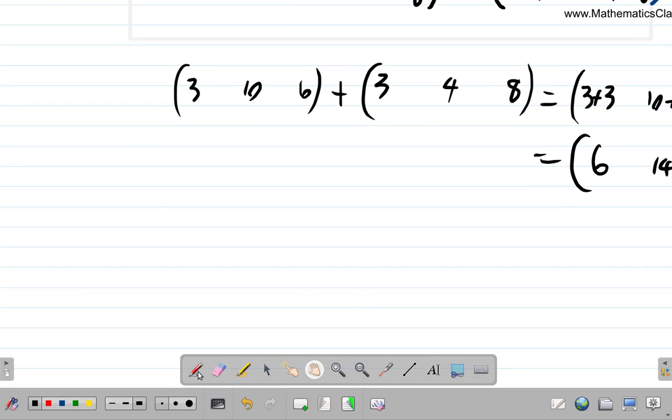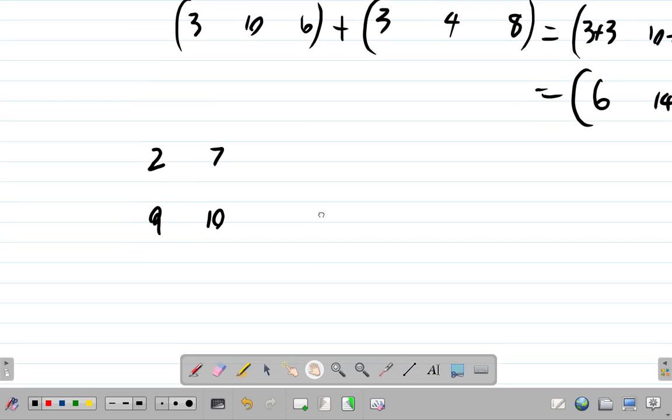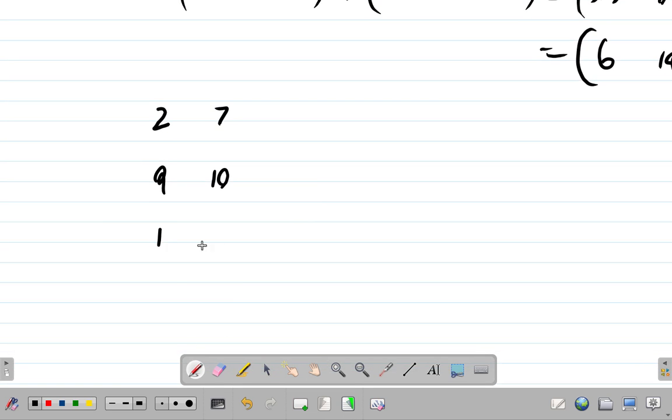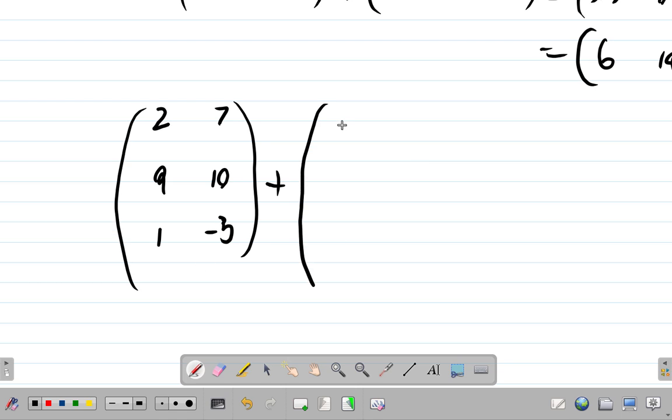Now, suppose we try 2, 7, 9, 10, 1, negative 3, plus 4, 8, negative 1, negative 5, 6, and 9.